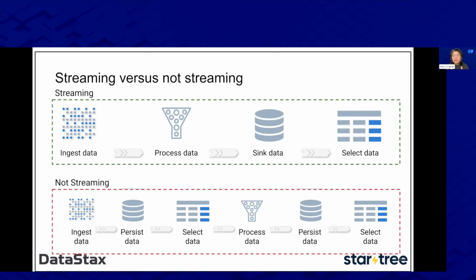Every time you write or read data from disk, it increases the round-trip time. So if we're not streaming, we're dealing with disk I/O, and every time you need to do any kind of analysis, you need to select the data again, process it, and persist it again. You cannot avoid spending more time dealing with it.